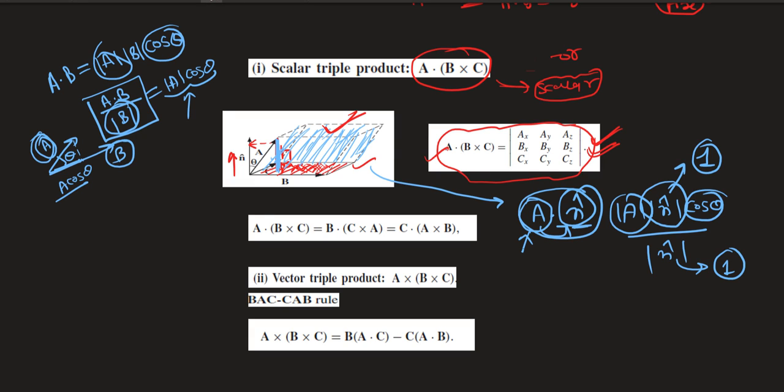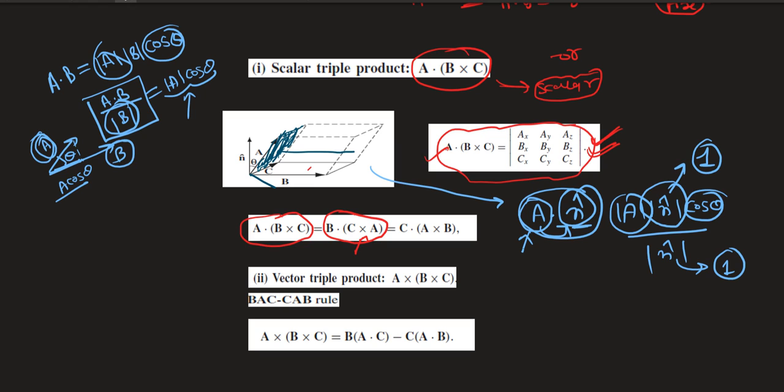Now, as I mentioned, this A dot B cross C is giving you the volume of this parallelepiped. Now let's see what B dot C cross A gives. Now C cross A, let me remove this. Now C cross A would be giving you the area of this side, this plane, okay? This side of the parallelepiped. Now when you take the dot product with B, it will give you simply this side, okay?